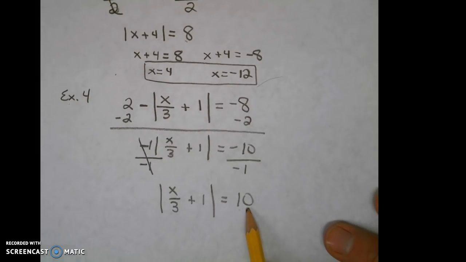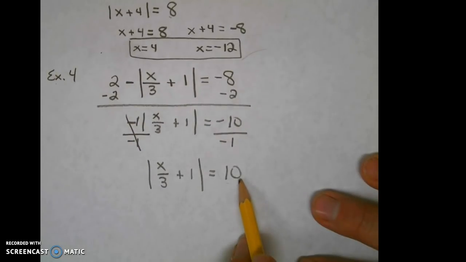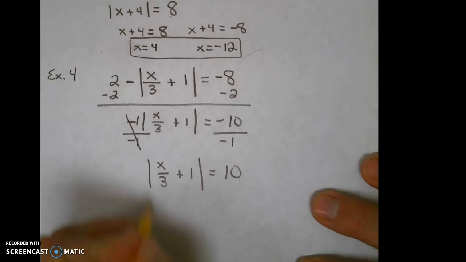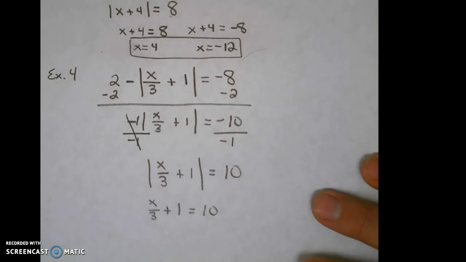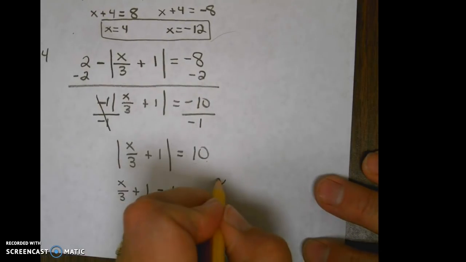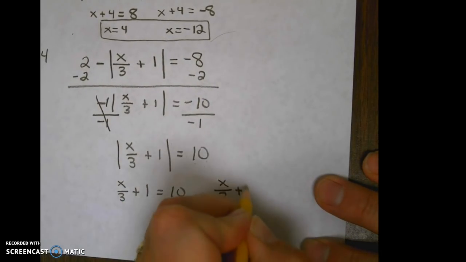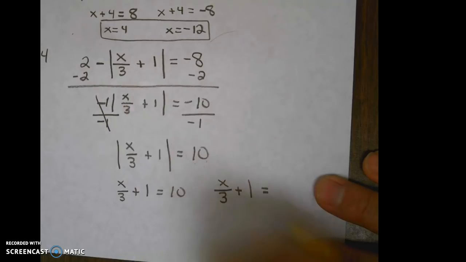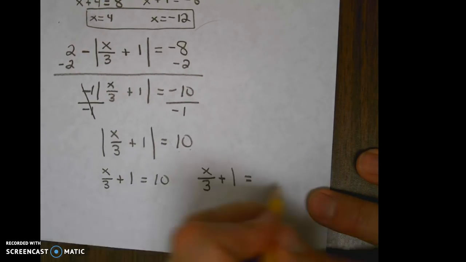Can you think of the 2 numbers that are 10 units from 0? I hope you can. So one of the numbers is 10, positive 10. The other number, hopefully you got this by now, Montse, is negative 10.